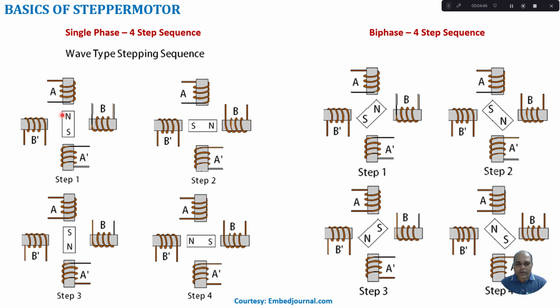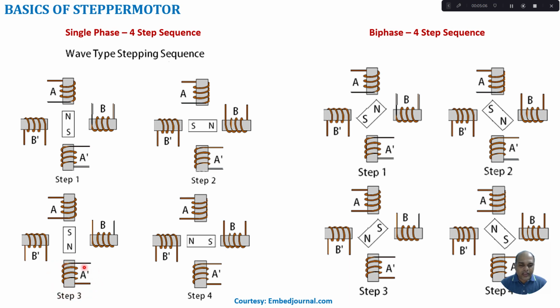Now the rotor will move from this position to the new magnetic field position. It gets aligned to the new magnetic field, and thereby the rotor comes to this position. Thereby we get a 90-degree rotation from the previous step to the current step. Next we try to excite coil A dash.